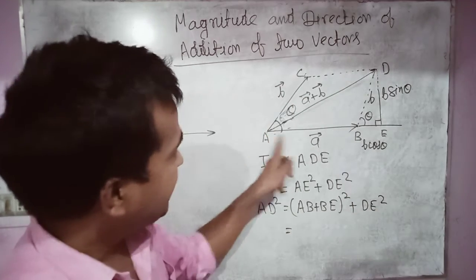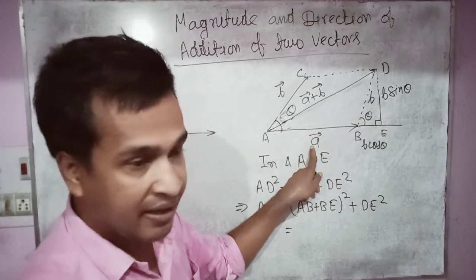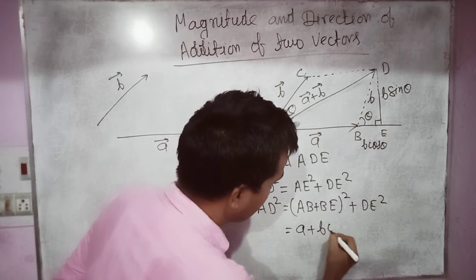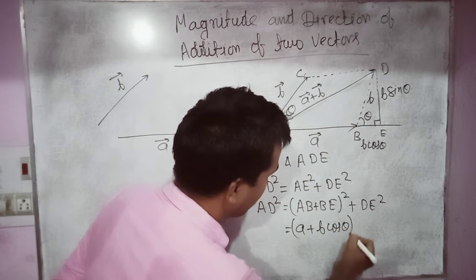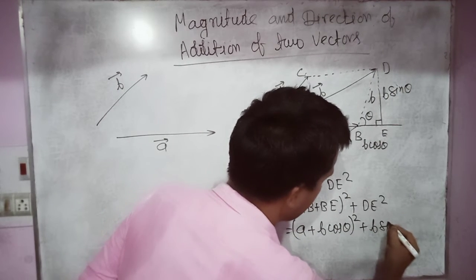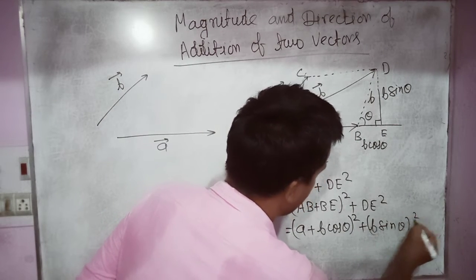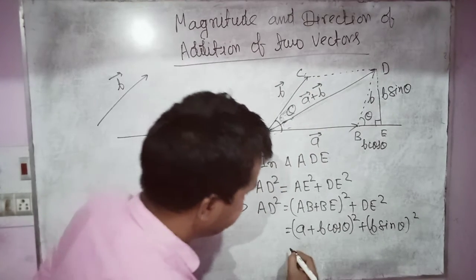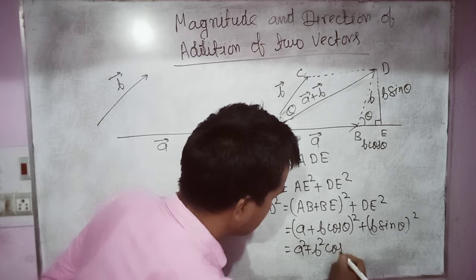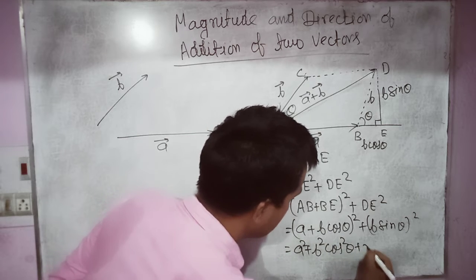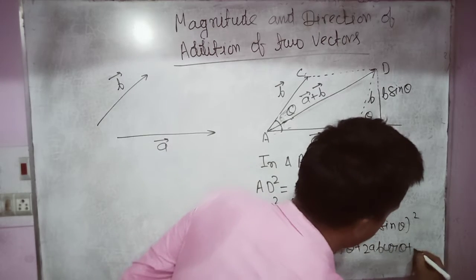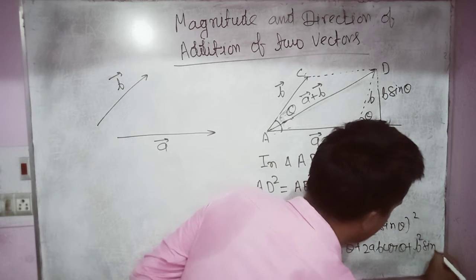See, AB has magnitude A, BE is equal to B cos theta, whole square, plus DE can be written as B sin theta square. So here we can write A square plus B square cos square theta plus 2AB cos theta plus B square sin square theta.